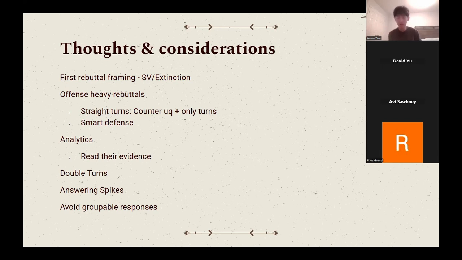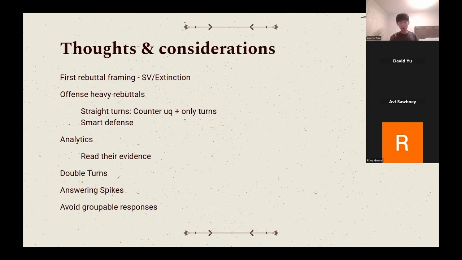And the utility of them in rebuttal: a second rebuttal framing is generally looked down upon, because you're really pushing back the amount of interaction and engagement that can happen over your framework, considering it's such a top-level and important issue to how the round plays out.